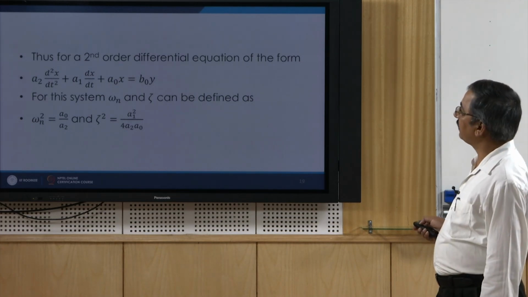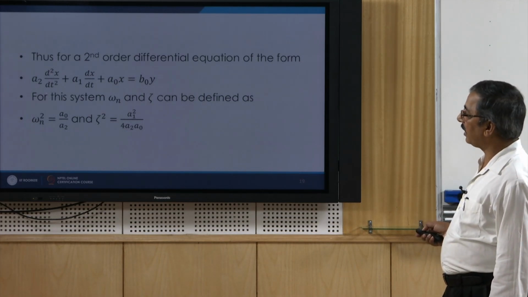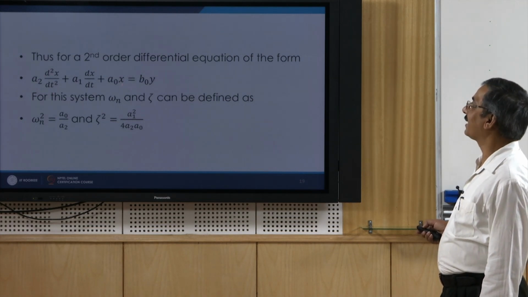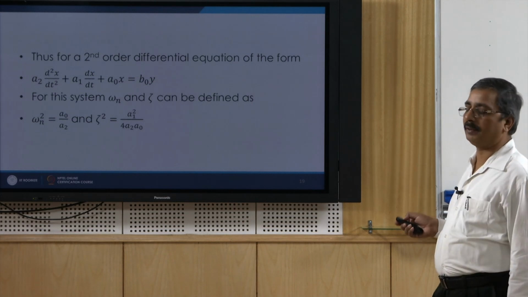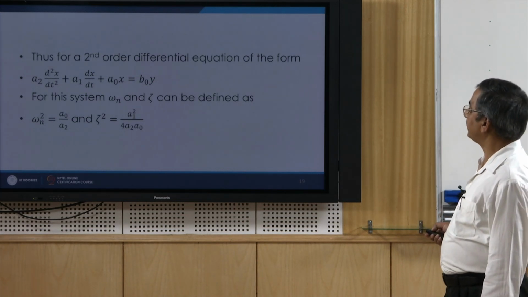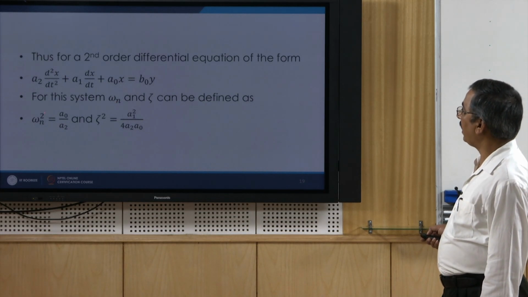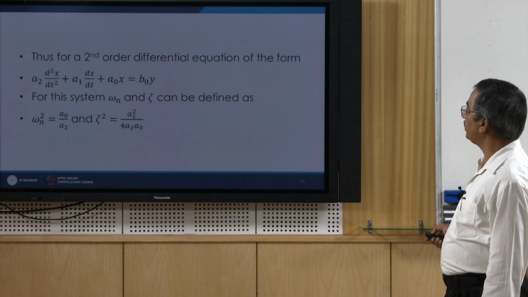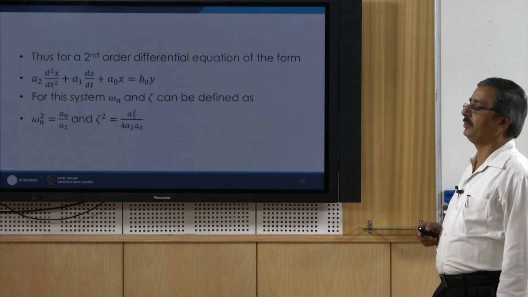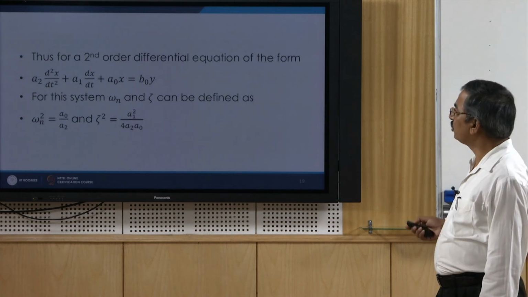Remember the case which we have seen, it was m d square x by dt square plus c dx by dt plus kx is equal to F. Okay. And for this case we can write omega n square as a0 by a2 and zeta square as a1 square by 4 a2 a0.